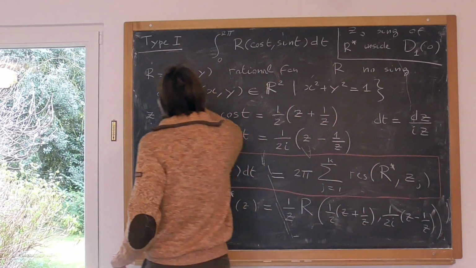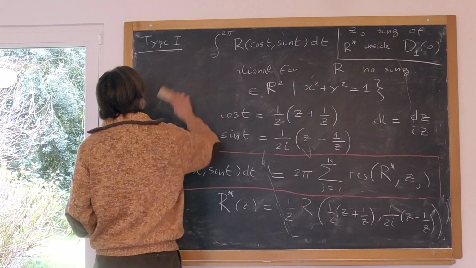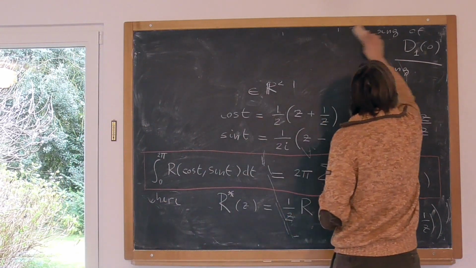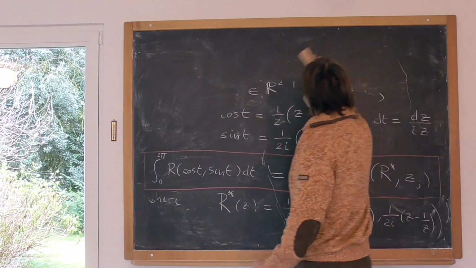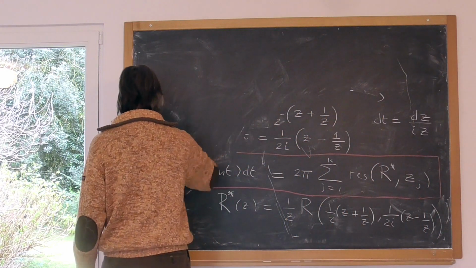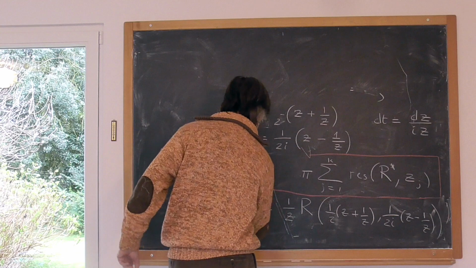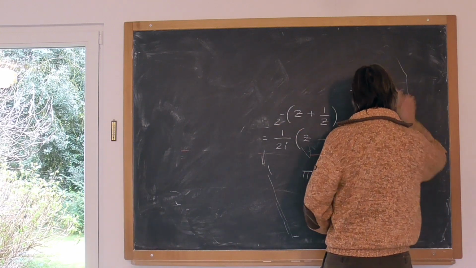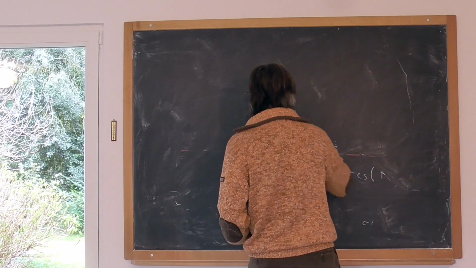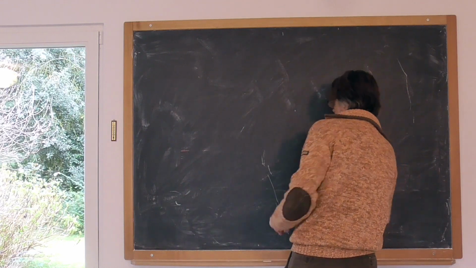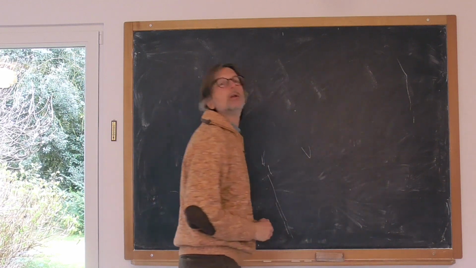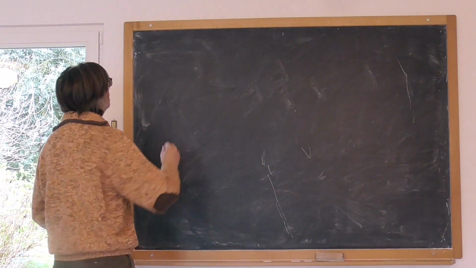Now let's go to a second kind of integrals. So now we will integrate rational functions on the whole real line. And before doing this, let me recall some basic facts about improper integrals.